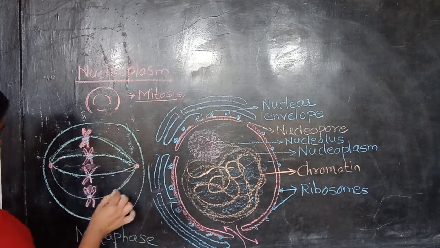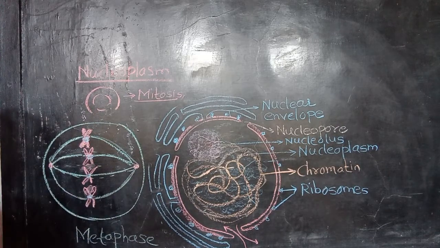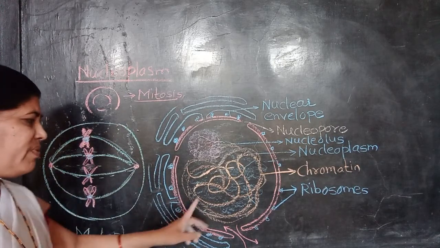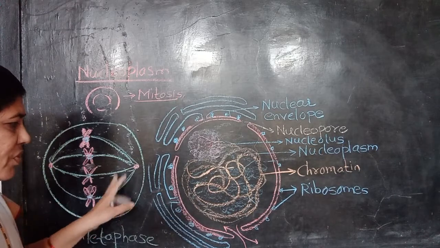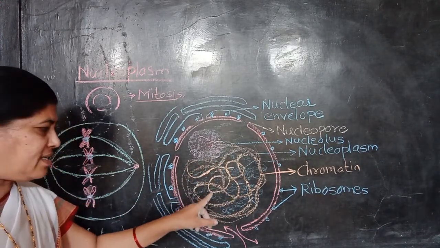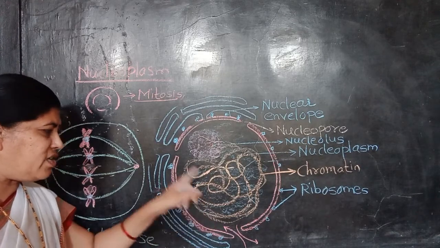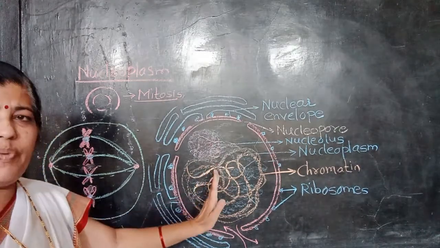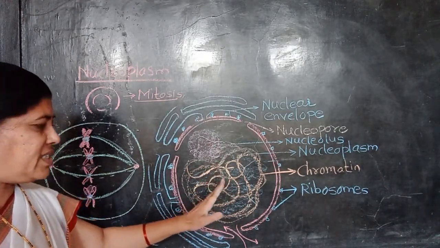So why am I drawing this diagram? To clear the difference between chromatin and chromosome. This is chromatin material, which appears inside the nucleoplasm, inside the nucleus, when the cell is in resting phase, that is when the cell is in interphase.